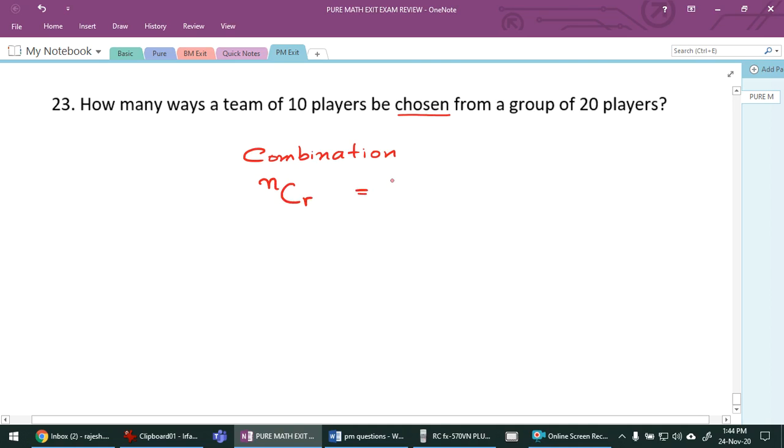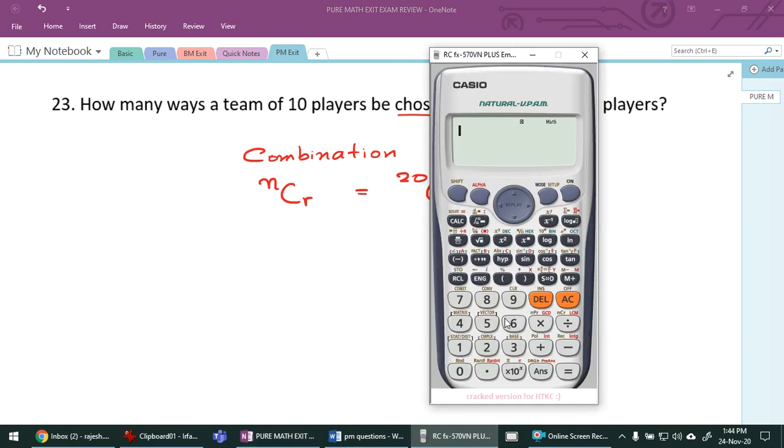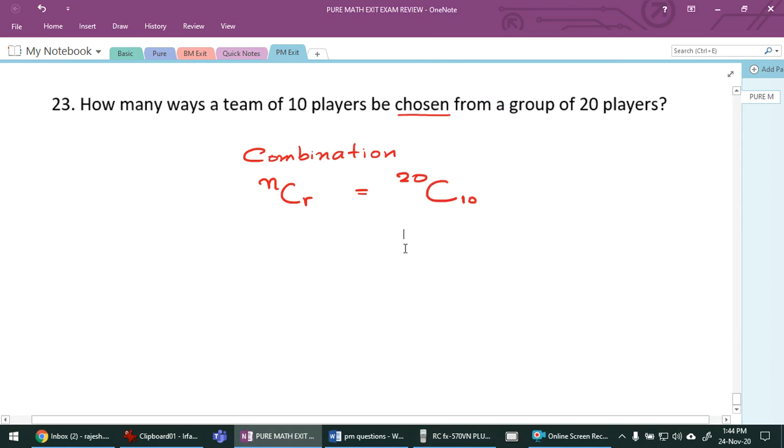How many do we have in total? 20 players are there. Combination. How many players do we need in each team? 10. So 20C10. We have to use the calculator. 20 shift then divide, 10. The answer is 184756.